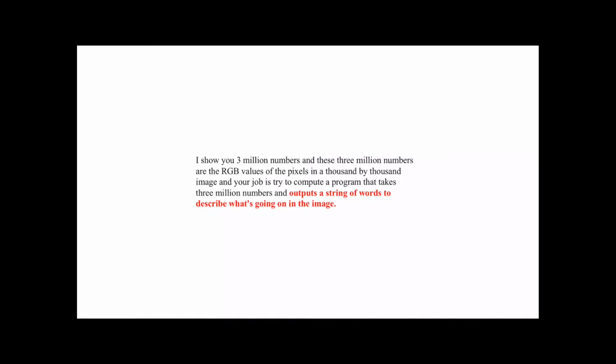So if I show you, he says, 3 million numbers, and these 3 million numbers are the RGB values, the pixels in a 1,000 by 1,000 image. And your job is to try to compute a program that takes 3 million numbers and outputs a string of words to describe what's going on in the image. How do we do that? And can this be done at all?